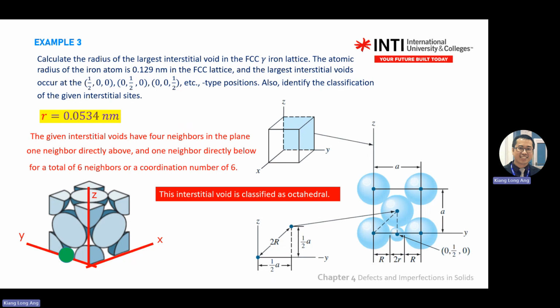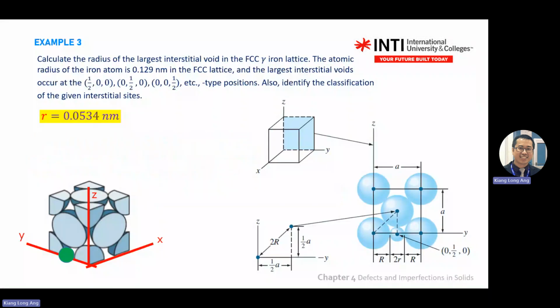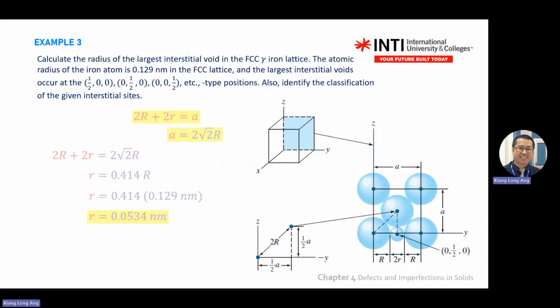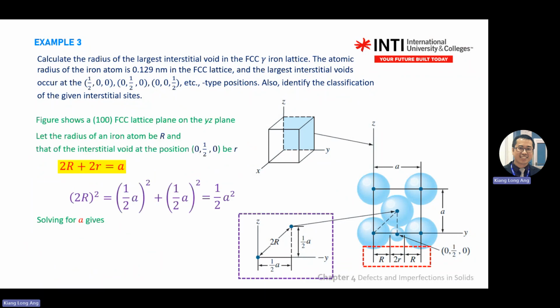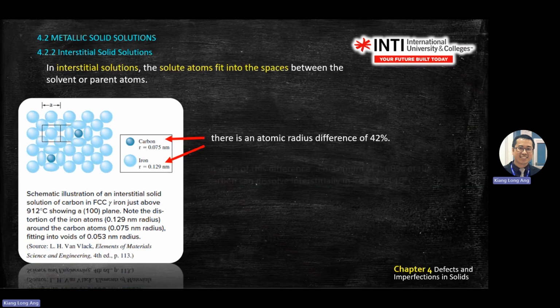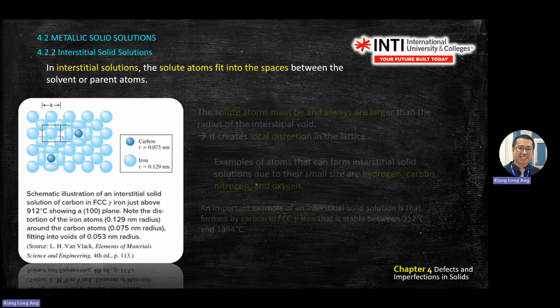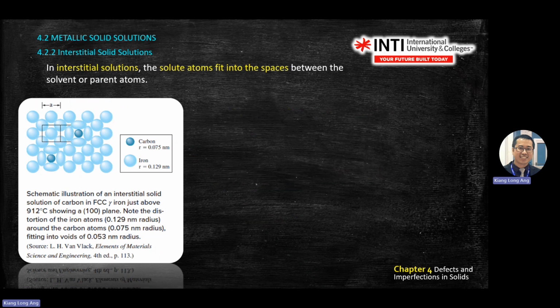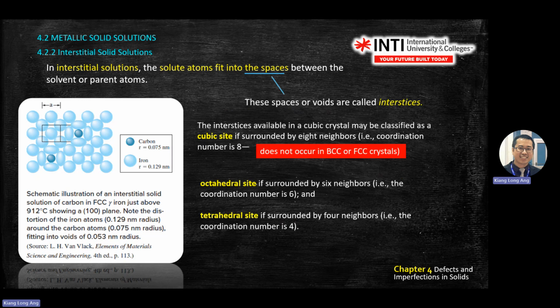Once you find the value r, you draw it inside the crystal structure. Then you imagine how many atoms are touching. Then from there, you classify it as octahedral or another type. So try to memorize this one. If you have coordination number 8, it's cubic.